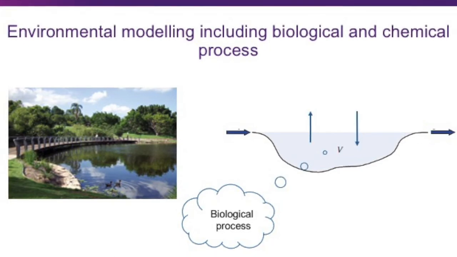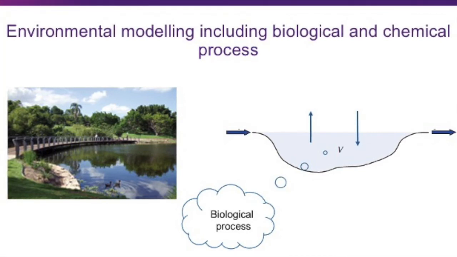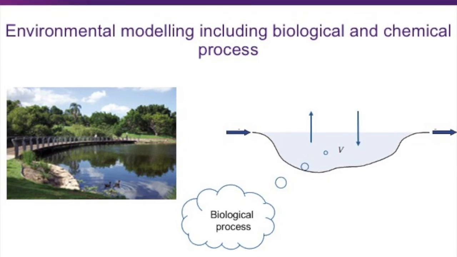We can also have outflows of the biomass that is being produced, for instance the algae, or we can have the substrate that is being used in the biological processes leaving the system.